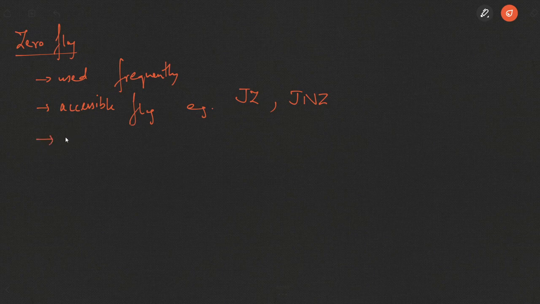Fine. So whenever an arithmetic and logical operation will result in a number 0 in the accumulator, zero flag will be set or else it will be reset.